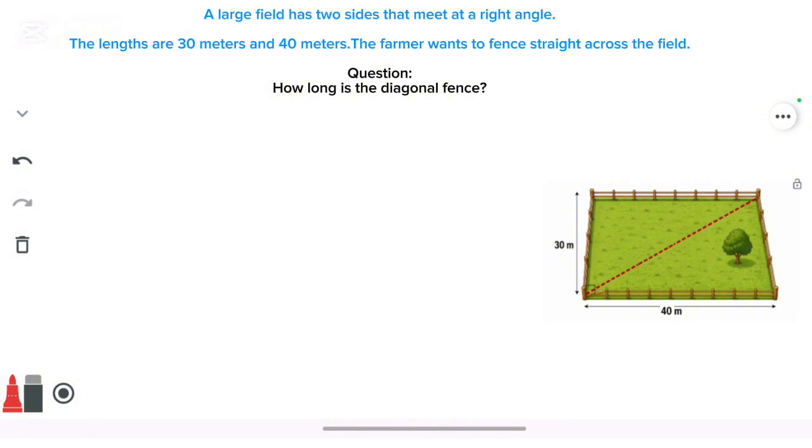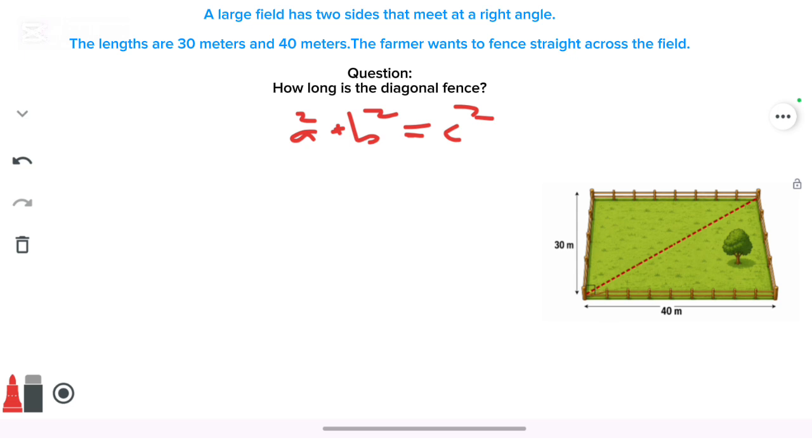Alright, so here is the Pythagorean equation: a squared plus b squared is equal to c squared. Right, this is the Pythagorean equation.